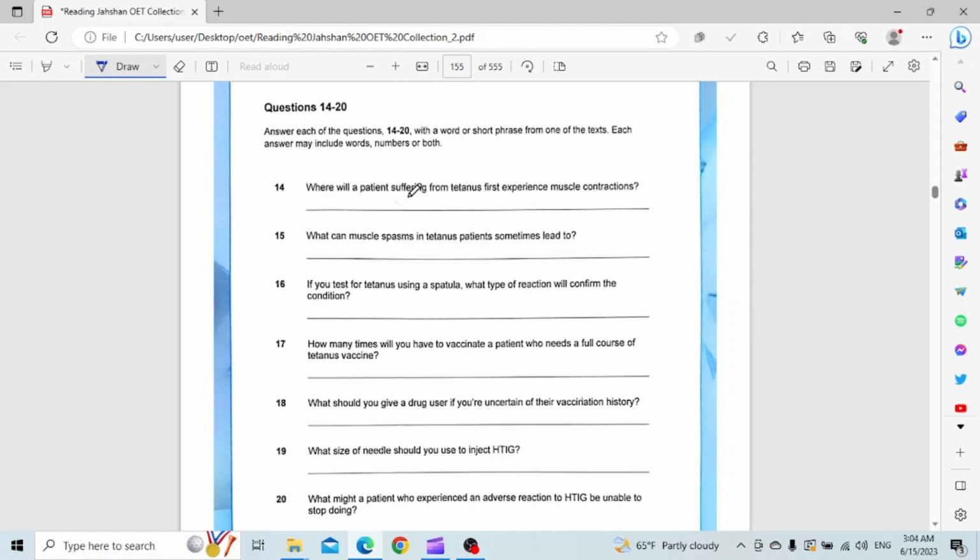Where will patients suffering from tetanus first experience muscle contraction? So this is about symptoms. Then I go back, and I know that the symptom is in A. So where first experiencing, I took my keyword: first muscle contraction.